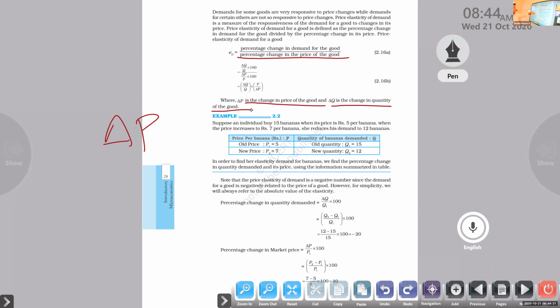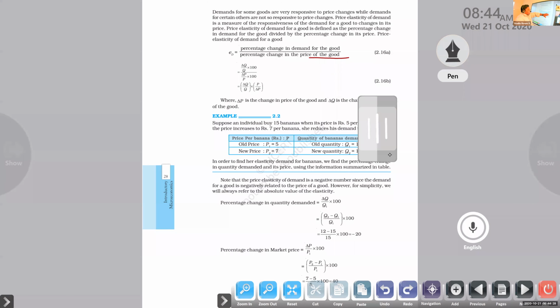We are going to do a simple calculation here, for example 2.2 directly from your textbook. I'm not going to give any particular homework today, but related to this we have a number of questions to solve. So just understand this equation properly. Clear?